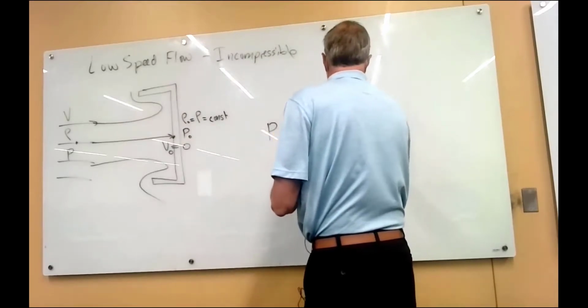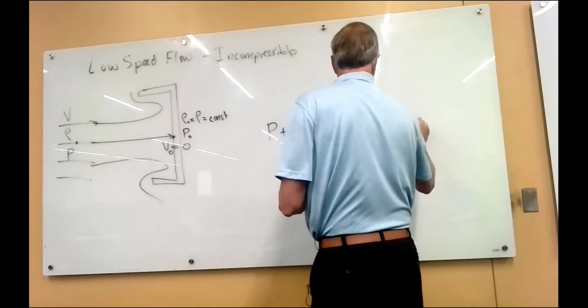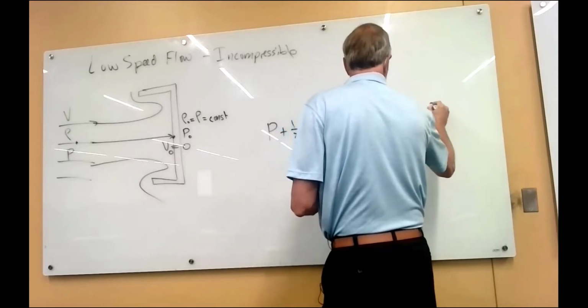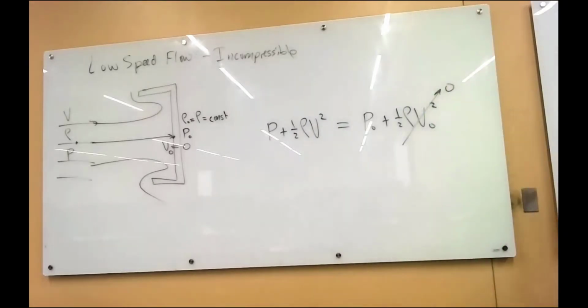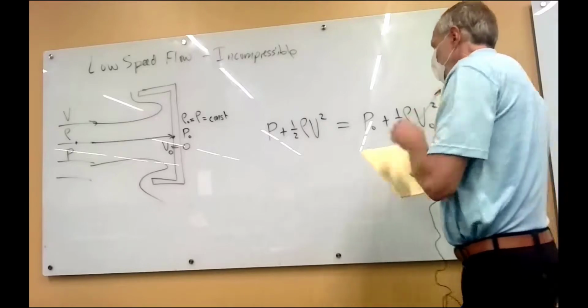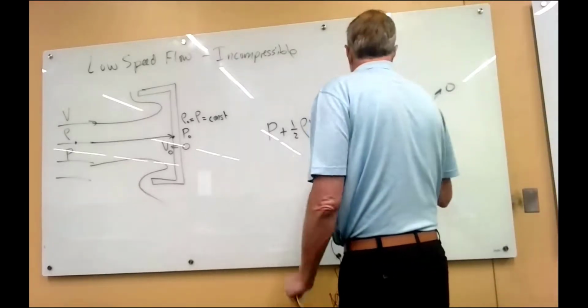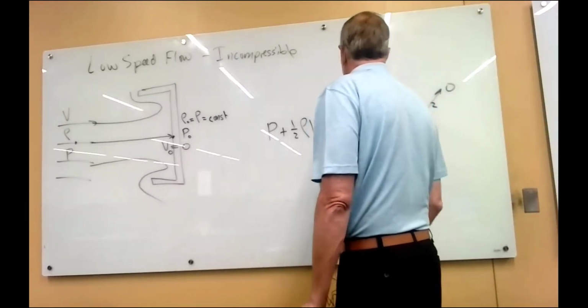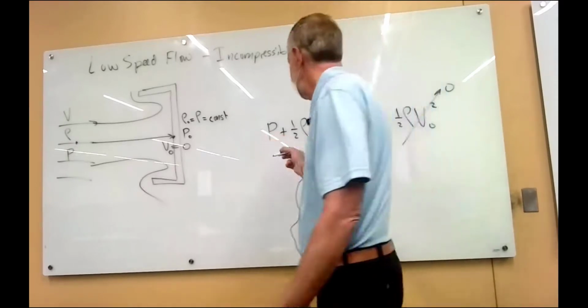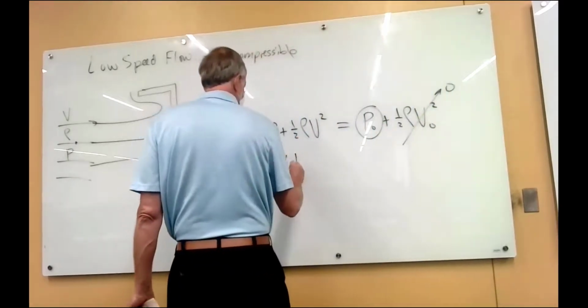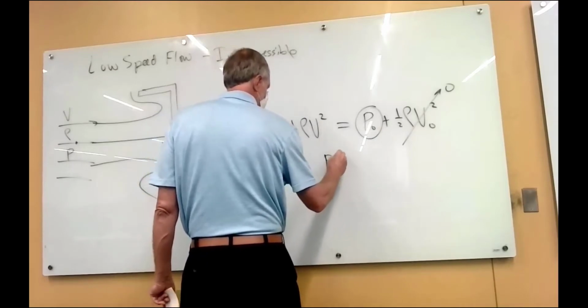And then at that point inside the box where the velocity is 0, we write Bernoulli's equation. And we see that the pressure has gone up as the flow slows down, which we know. So velocity goes down, pressure goes up.